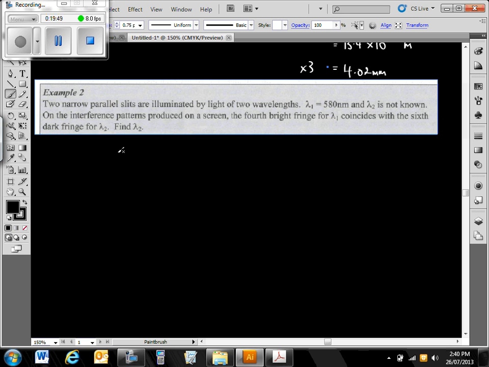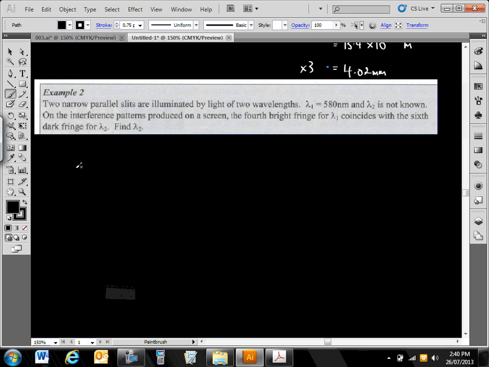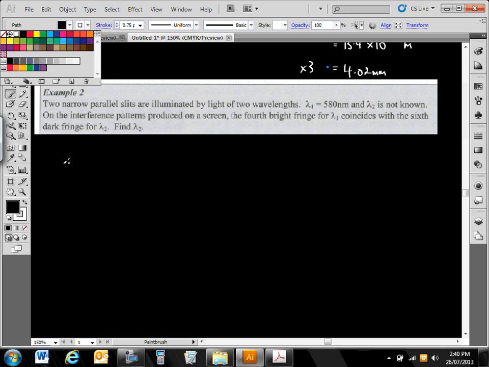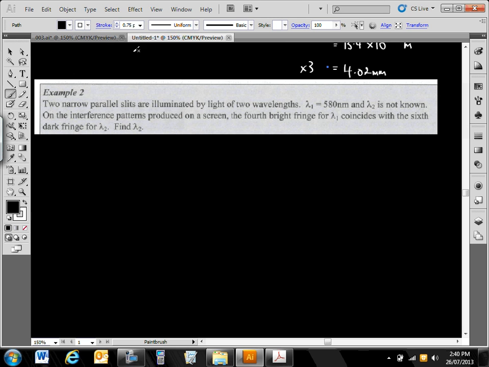So knowing for both of them, I'm just going to repeat what I said before. Theta, or the angular position, is the same for both interference patterns. d is the same for both.